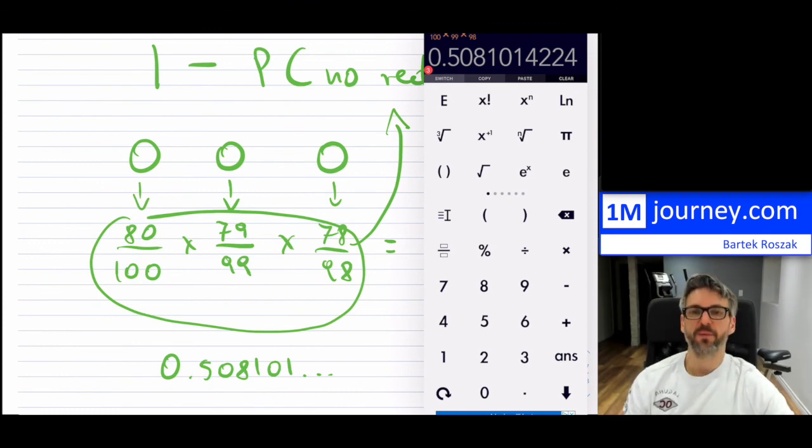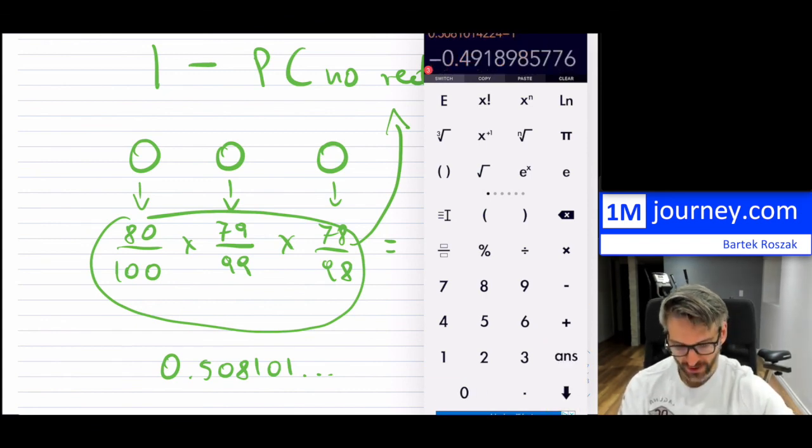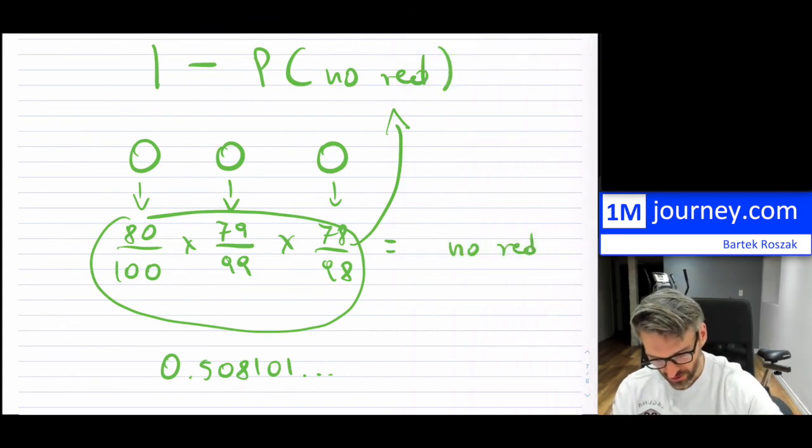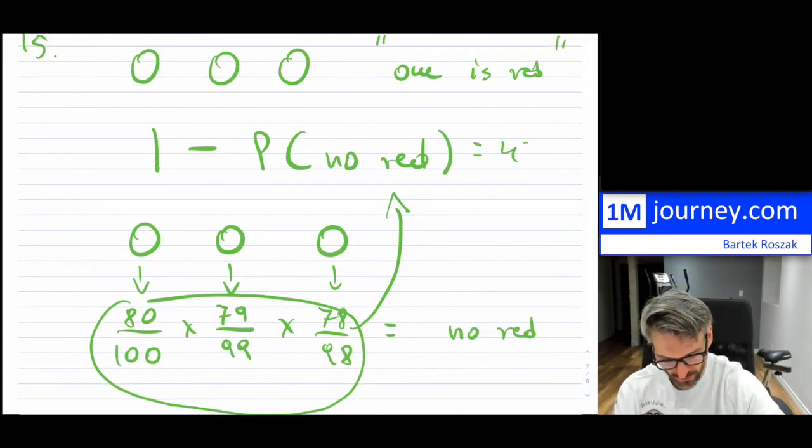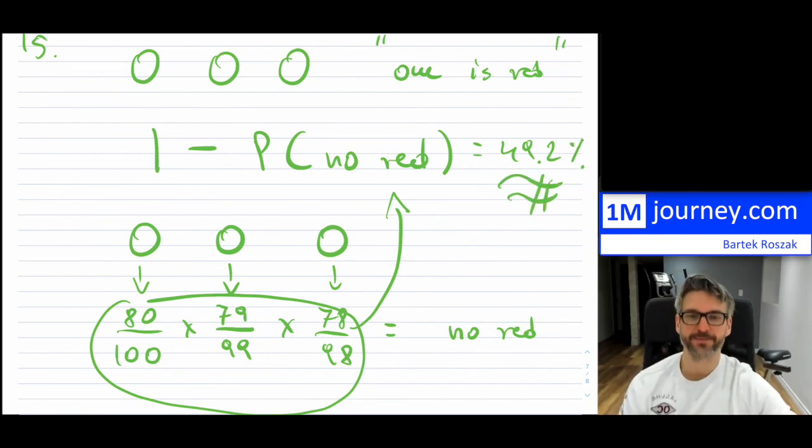That's the probability of that, and now we want to take 1 minus this. So our answer is going to be around 49.2%. That's what you would get of at least one red one.